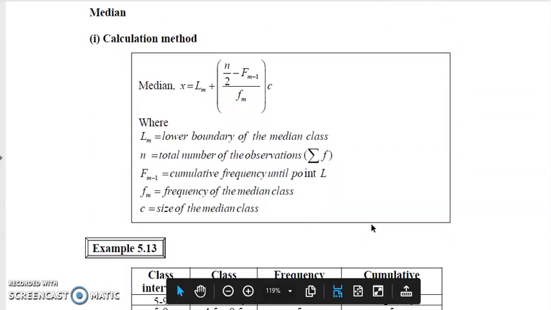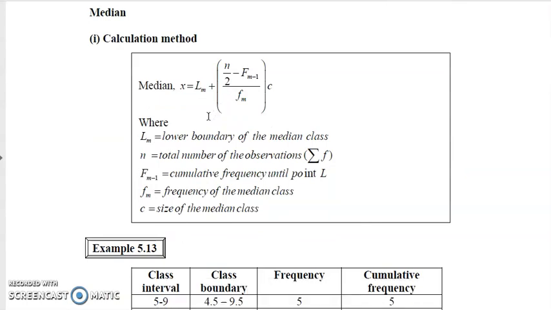Next, median. We have a formula here, so you just need to memorize the formula. As what I want to tell you, there is no formula given to you during your exam, during your test and so on. If you try to look here, the median will be equal to the lower boundary plus n over 2, where n is the total observation or the total frequency, minus the cumulative frequency until the previous class, which is the previous one, don't worry, we are going to see it together later.